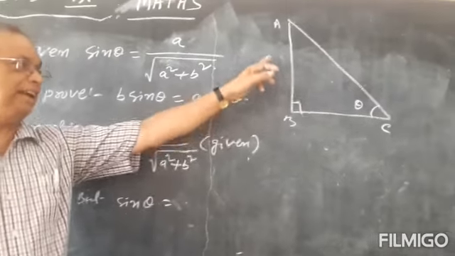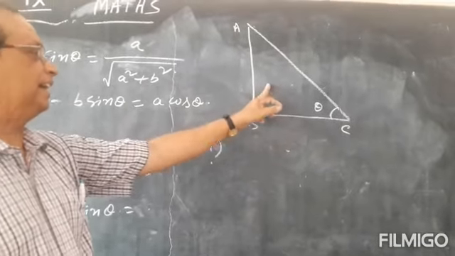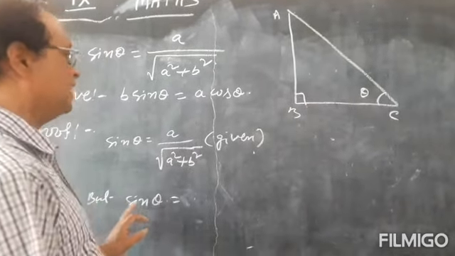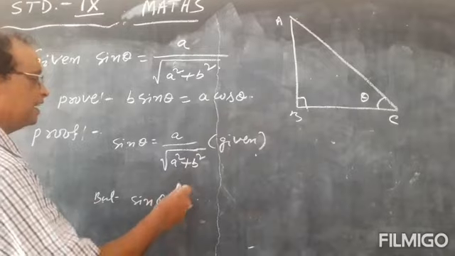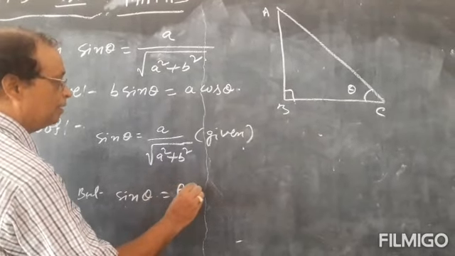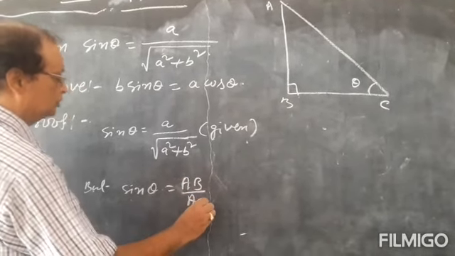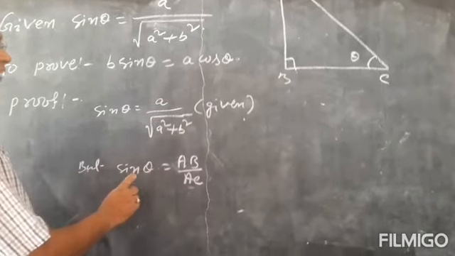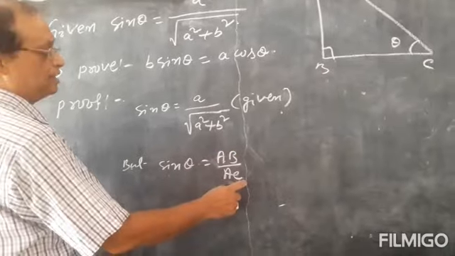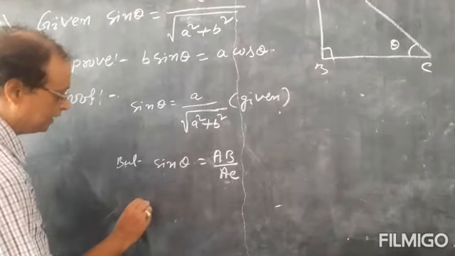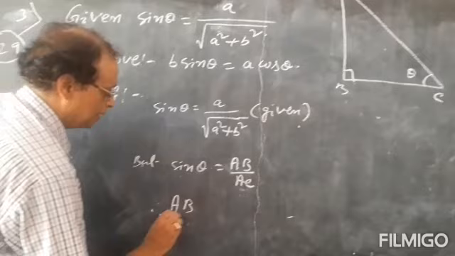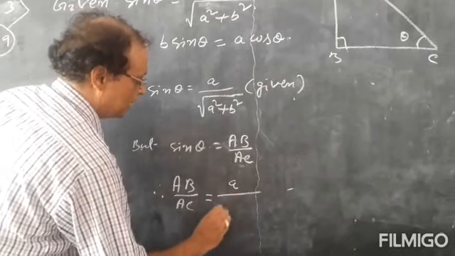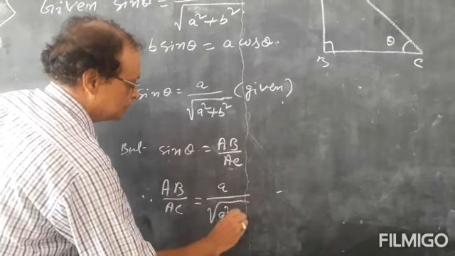Now from the triangle, let us take this right angle triangle ABC, angle C is theta. So what is sin theta? Sin theta is AB by AC. So sin theta is a by root over a square plus b square, given. Therefore AB by AC is equal to a by square root a square plus b square.